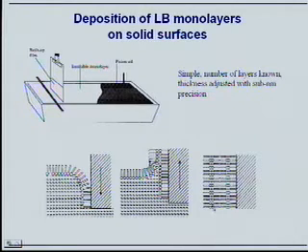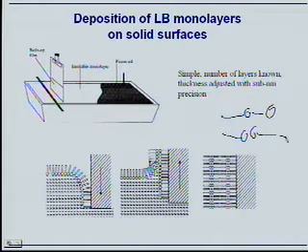A second layer forms on the way in, and a second layer on the way out. Depending on how you dip it and take it out, you can deposit the layers one way or another way. You can deposit them like that, or like this, or you can alternate them and deposit different surfactants and so on.